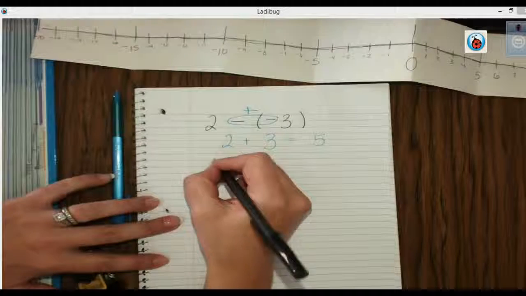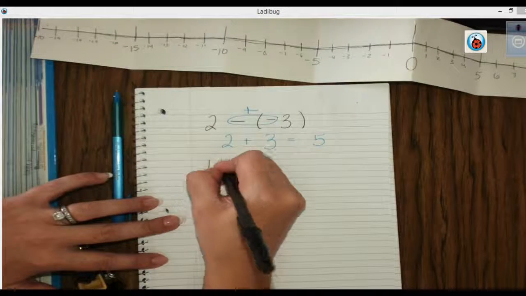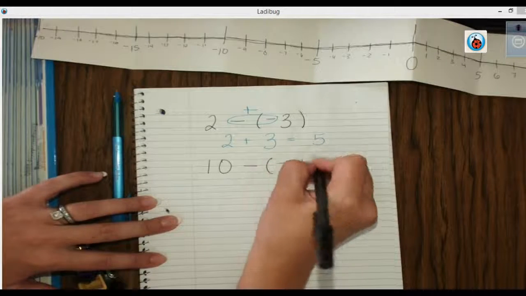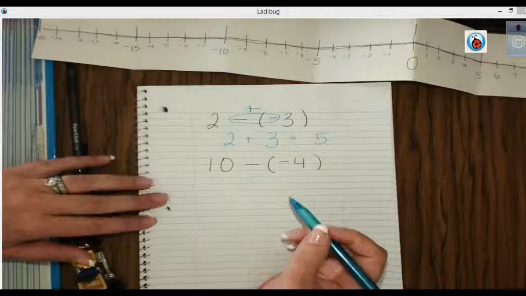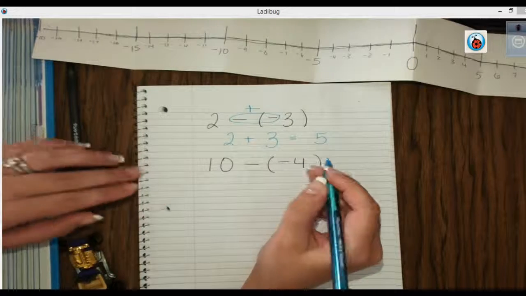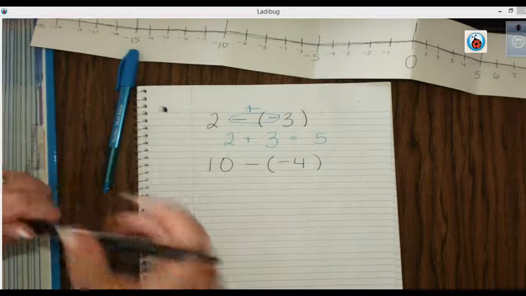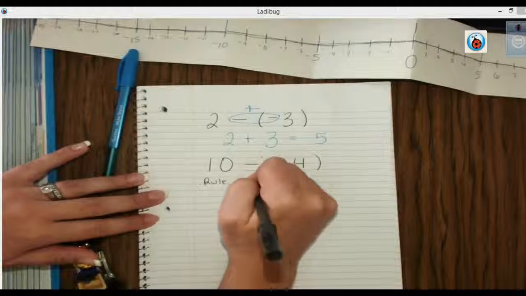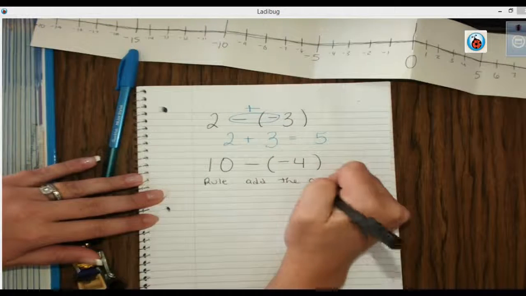Let's try it again. Let's say we have 10 minus negative 4. And the negative becomes... So the rule said add the opposite, right?